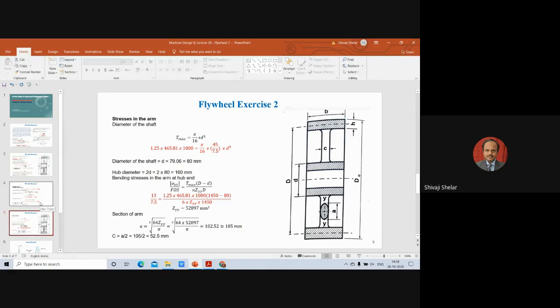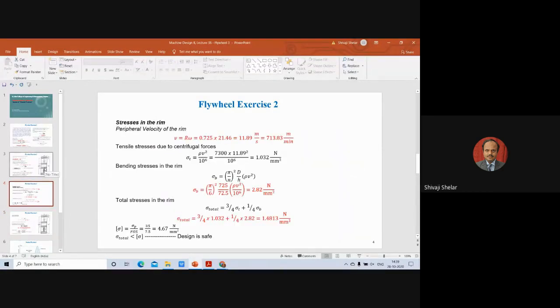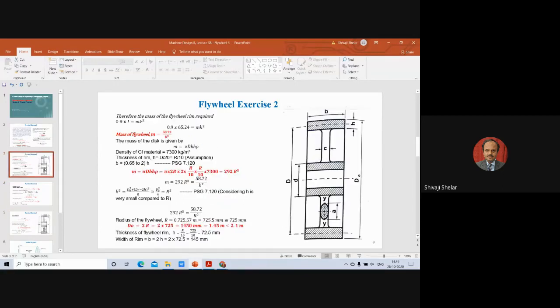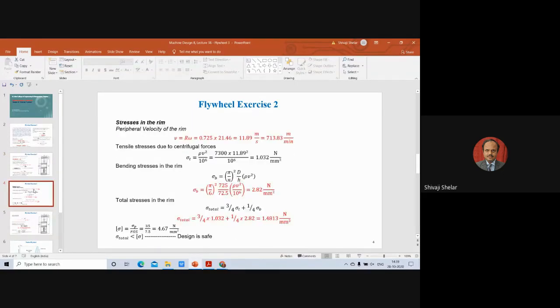Let me show where I use the speed calculation. The speed is required there. Okay, so let's go here. Now we have designed the geometry based on the mass moment of inertia requirement, that is, the geometry we have calculated based on the mass required for the flywheel.